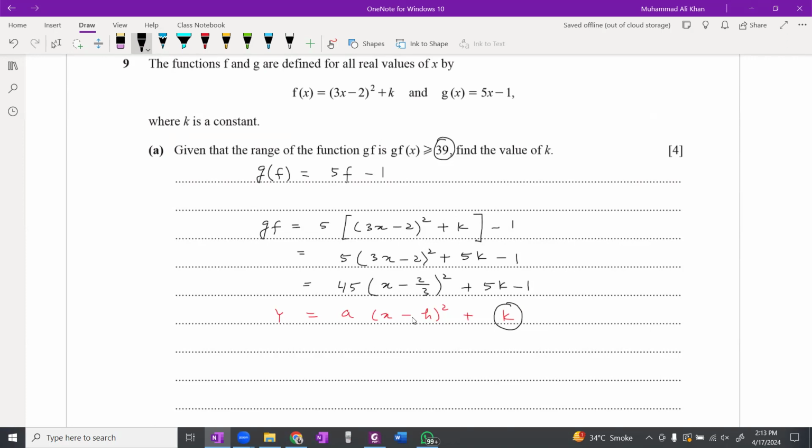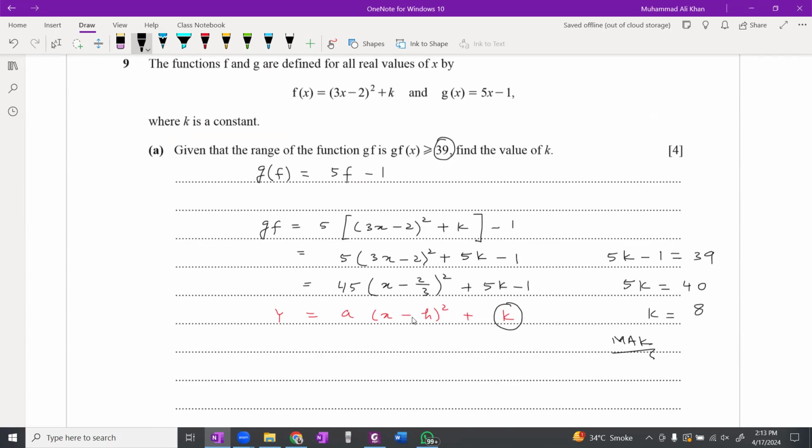So we can say that 5k minus 1 is equal to 39. So 5k equals 40 and the value of k is 8. This is the answer for the first part. What did we do?